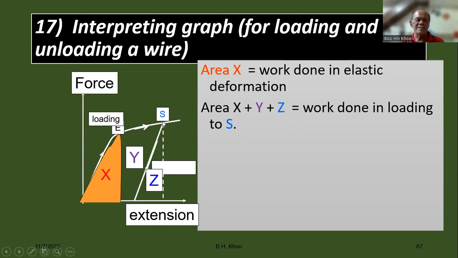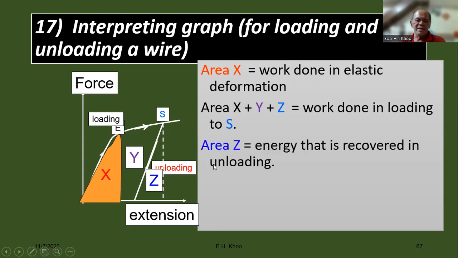Let's say we load until S. Then we apply the force until S, then we remove the load. Remember, when the force exceeded the elastic limit, it will not return to the origin anymore. It will follow this line, which is roughly parallel to that line.